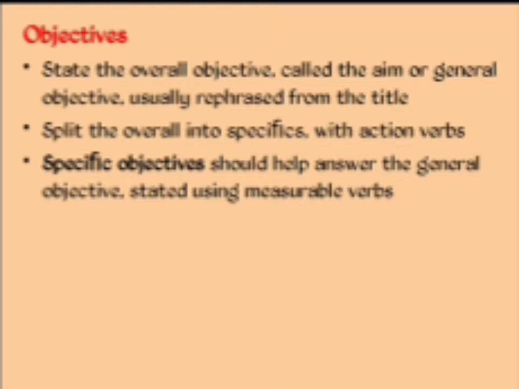Now we go to the next aspect, which is aspect number 3, objectives. State the overall objective called the aim or general objective. Objectives of the research are always split into two categories. We have a general objective. I repeat, a general objective, it's always one.